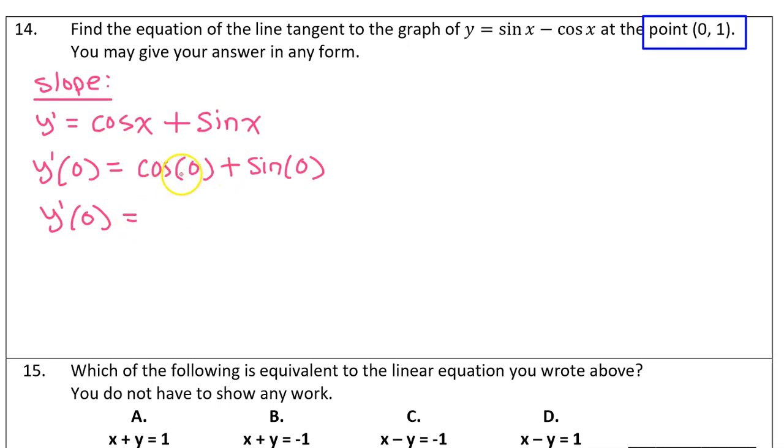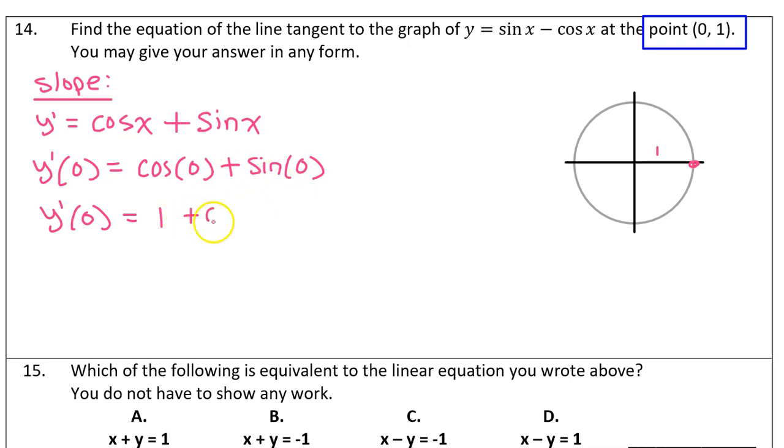Cosine is the x value on the unit circle. And at 0 radians, right here at the starting position, the x value is 1, because the radius on a unit circle is 1. So cosine of 0 is 1. Hopefully you definitely knew that. Sine is the y value, which is 0. So the sine of 0 is 0. So the slope is 1.